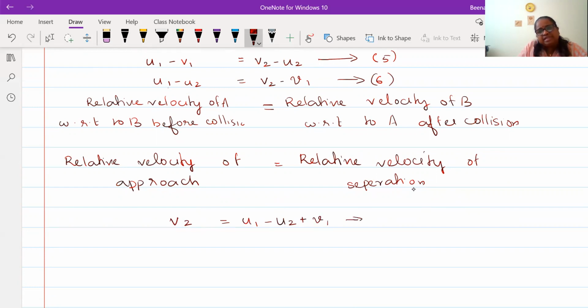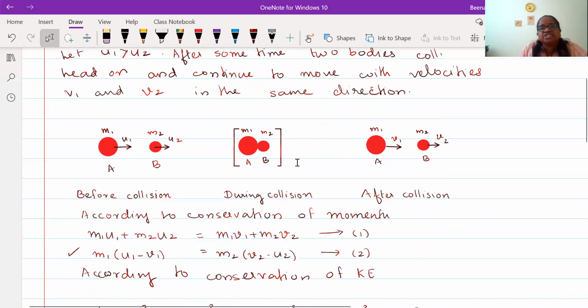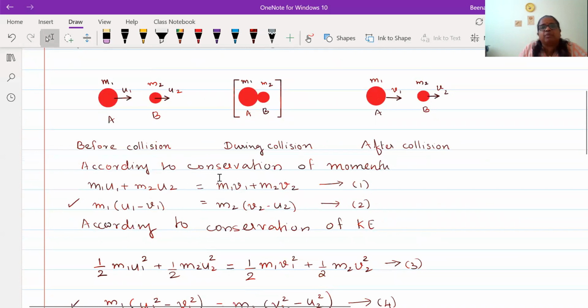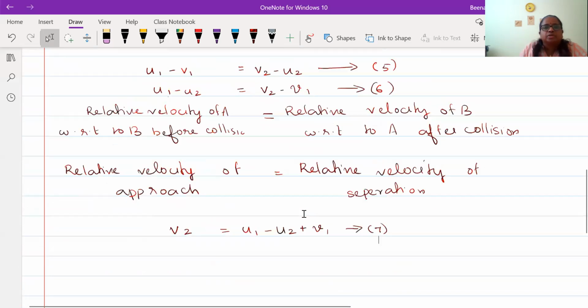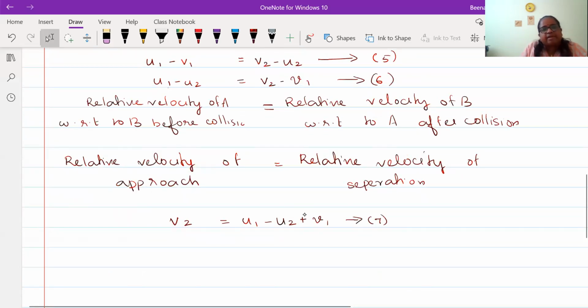And now what we got right now is the expression for V2. I'm going to put it in the first equation, the one we wrote as the equation of conservation of momentum. Let me rewrite it once again: M1U1 plus M2U2 is equal to M1V1 plus M2V2.